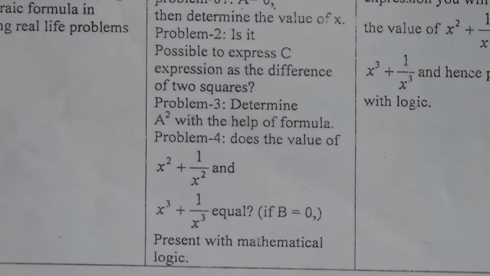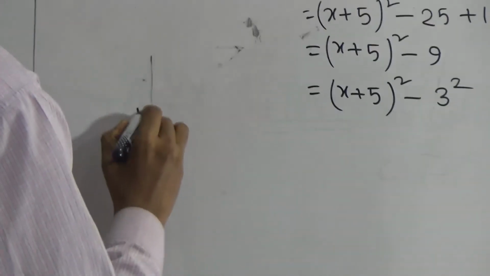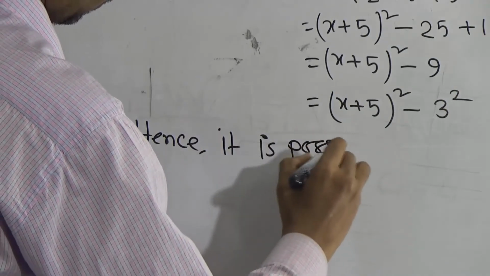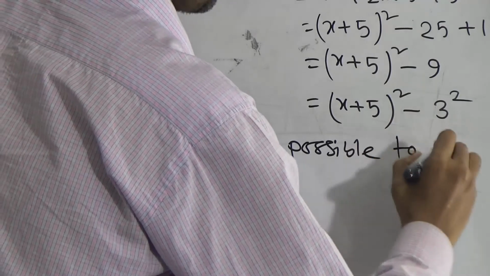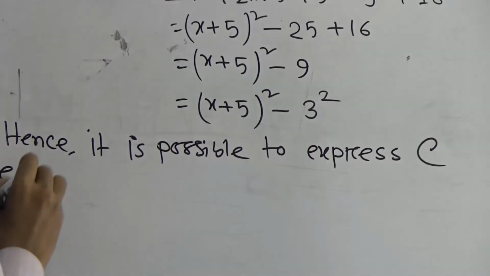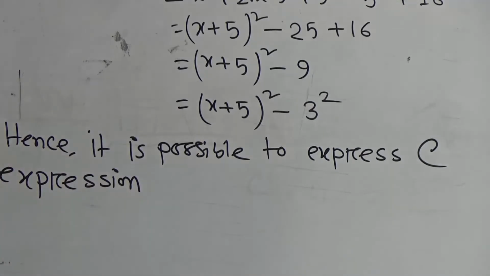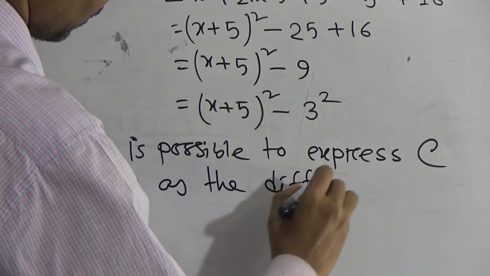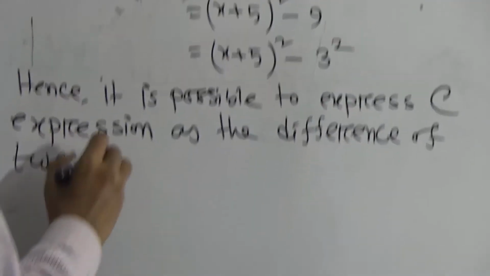Now write, it is possible, hence we can write, it is possible to express C expression as the difference of two squares.